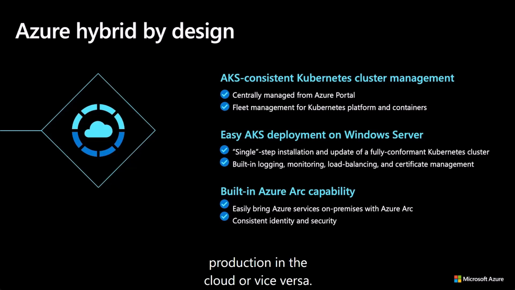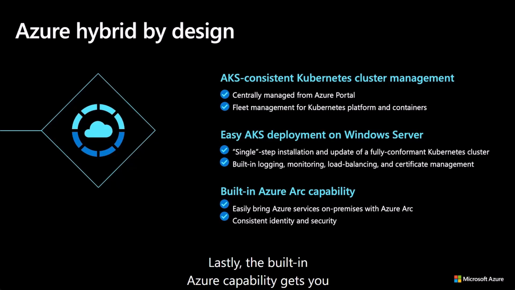is the same one that you will use to deploy to production in the cloud, or vice versa. Secondly, customers are excited about being able to use existing Windows Server infrastructure to deploy Kubernetes. I think with AKS, it's truly easy to get started, especially with Windows Admin Center and PowerShell. In less than 30 minutes, you will have a Kubernetes environment pretty much ready to go.